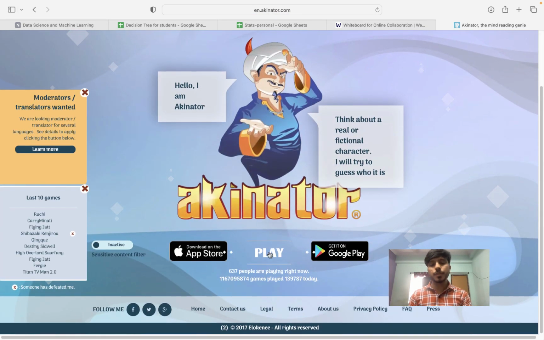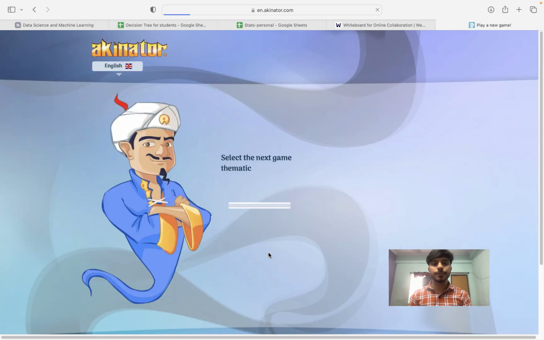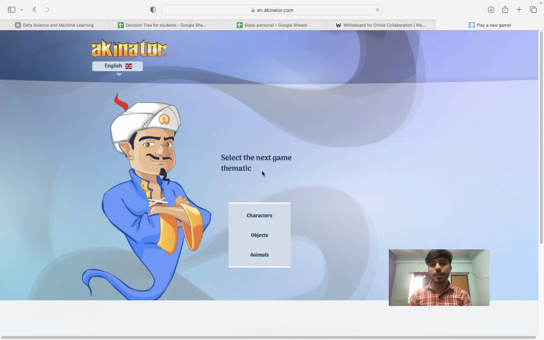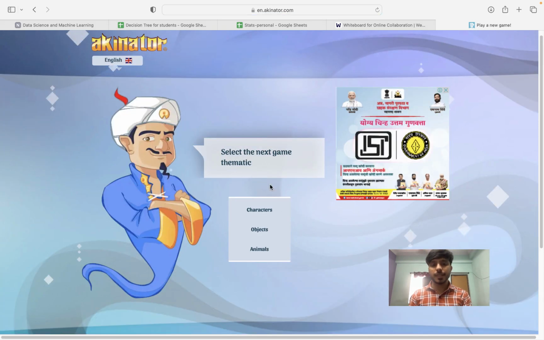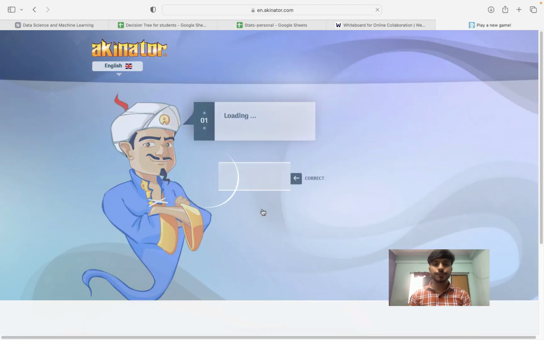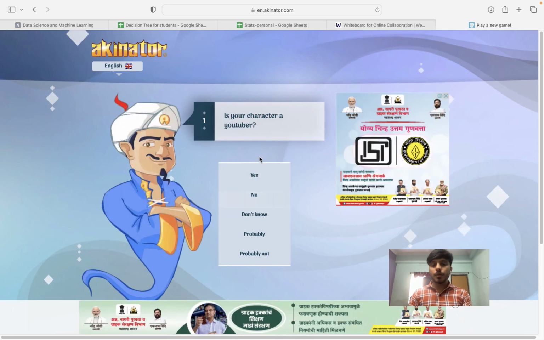You have an option called play. I'm going to play. Now it asks me to select the game theme. I'm going to assume one character, maybe a movie character or TV show character or a sportsman. Now it is going to predict what I have thought in my mind. So let's say I've thought of MS Dhoni, who's a sportsman.